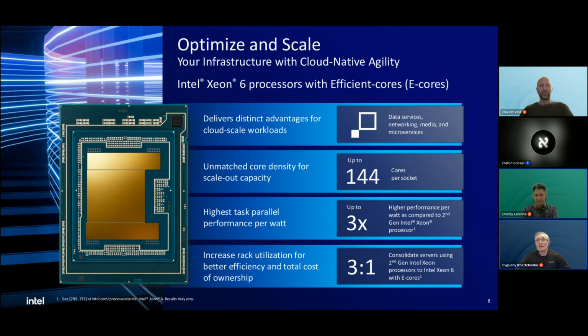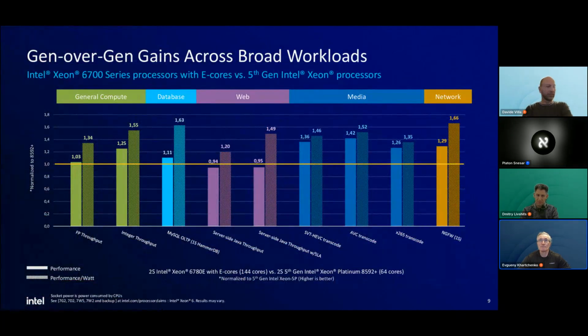And if you consider an upgrade from, most likely, something like 2nd gen Intel Xeon, you can get up to 3x higher performance per watt and about 3x consolidation opportunities in terms of number of racks for a particular compute capacity, which are obviously very significant numbers.